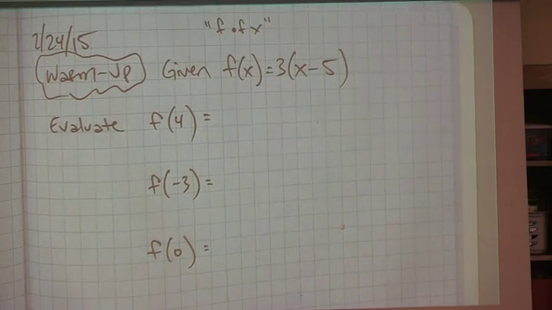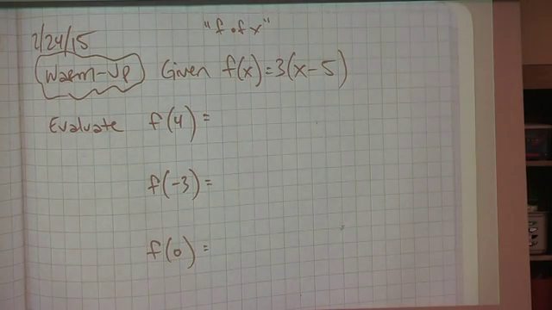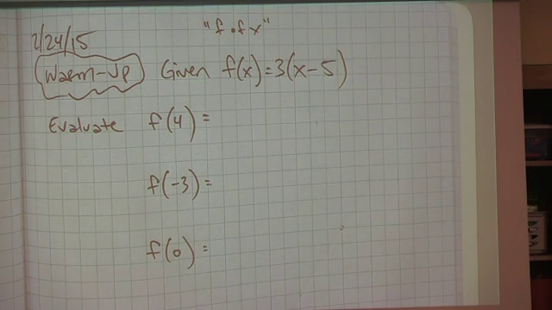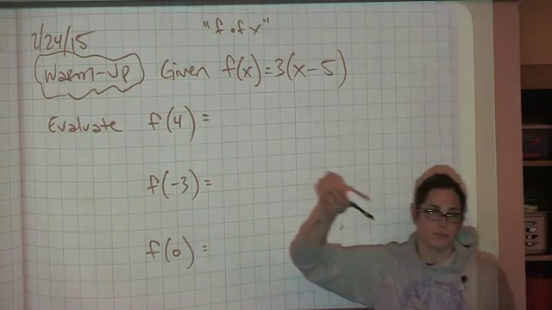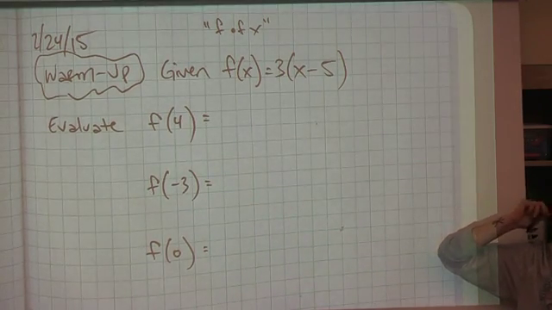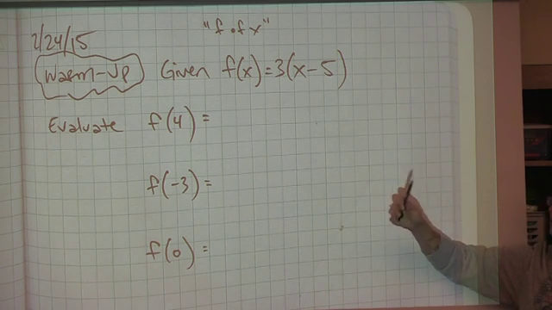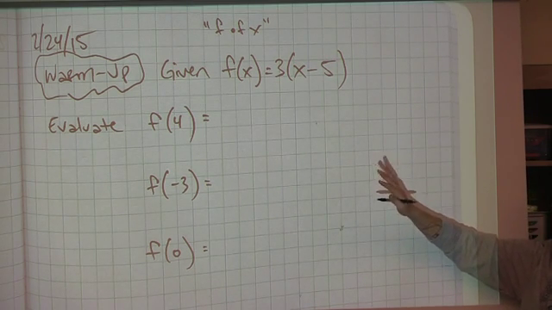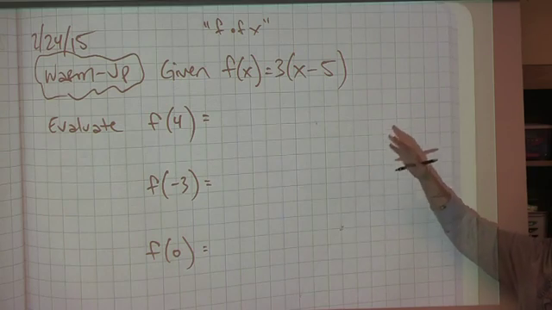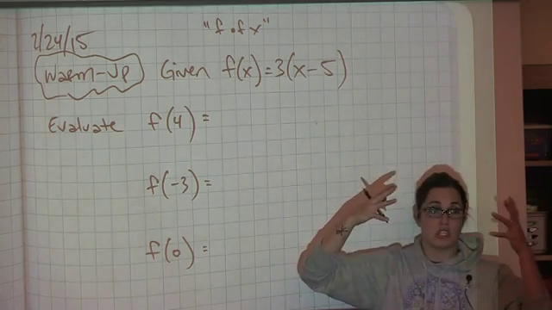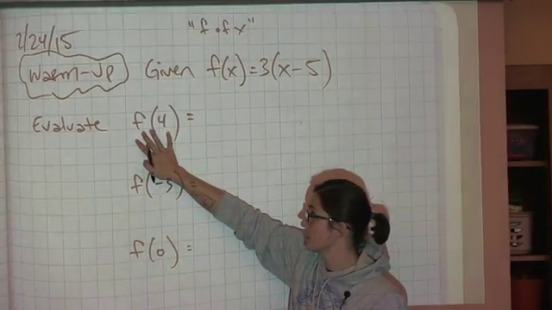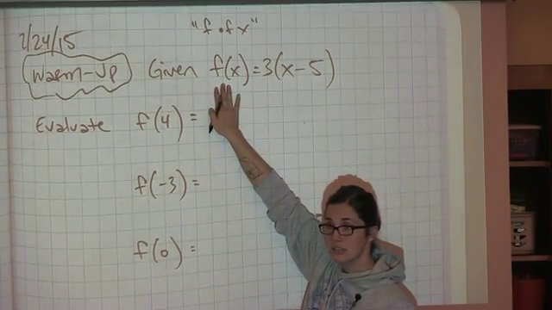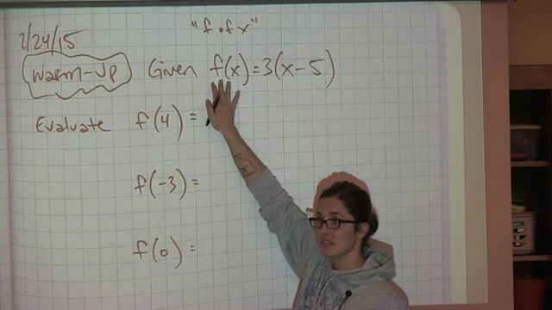So this top one says f of 4. We had f of x, now we have f of 4. Just visually looking, I'm not saying you have to know what's really happening, but compared to this, here we had f of x.